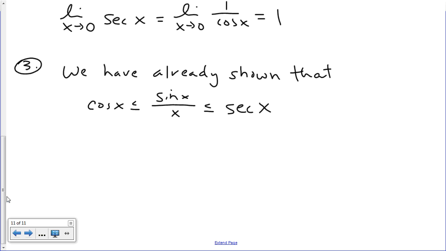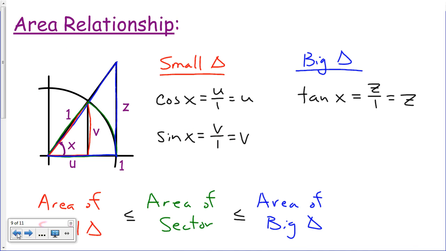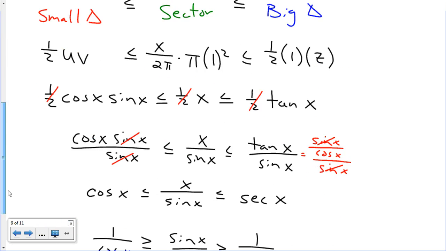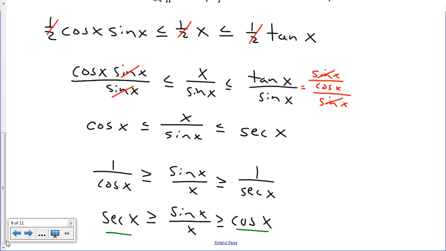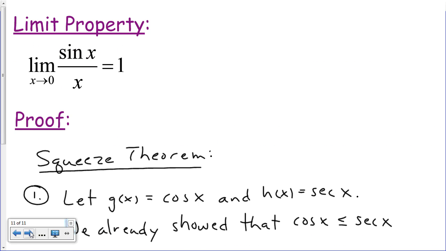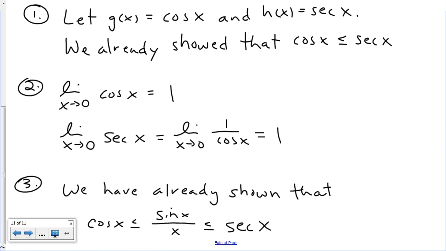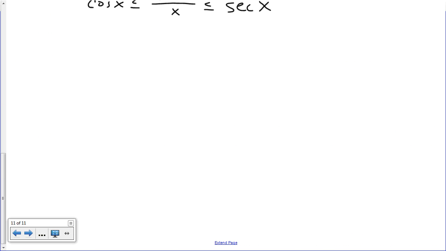Again, that was that area relationship. If I flip back a couple of slides, we went through this and found that sine of x over x can be squeezed between cosine and secant. So we've already met the third condition based on the work we've done previously.